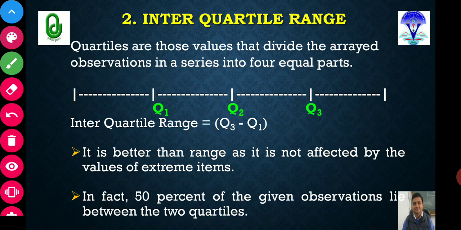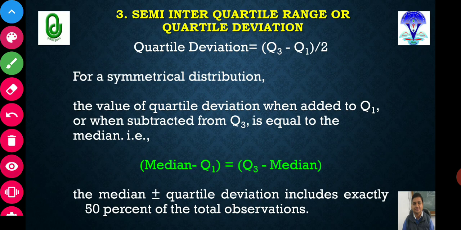Okay. Now the next one is the semi-interquartile range or quartile deviation. The formula of quartile deviation is (Q3 minus Q1) divided by 2.